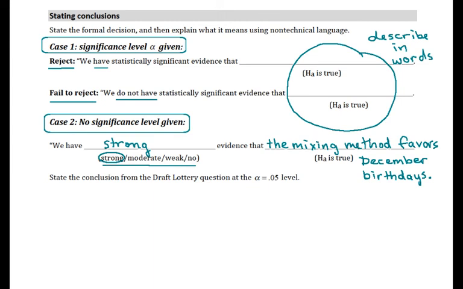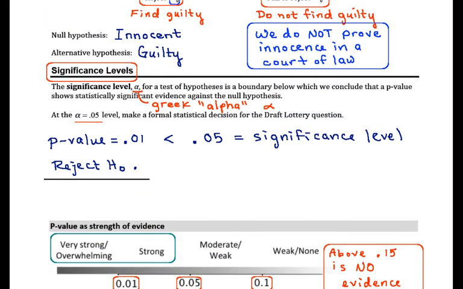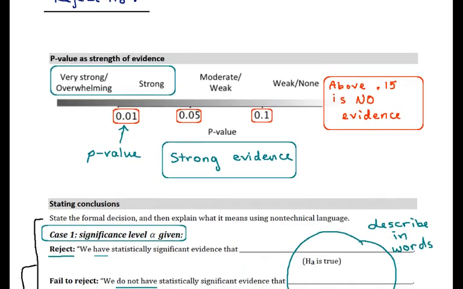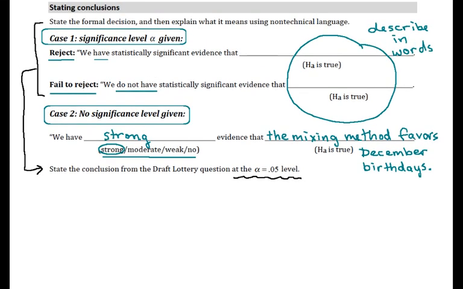Now, if we want to state the conclusion from the draft lottery question at the alpha equals 0.05 level, that's looking at case 1. So this is what we're going to write down here. At the alpha equals 0.05 level, that's where we are given a statistical significance level alpha. So we want to think, is that reject or fail to reject? We already determined that this is reject, right? Reject H naught. So we can come down here and try to write following this model.